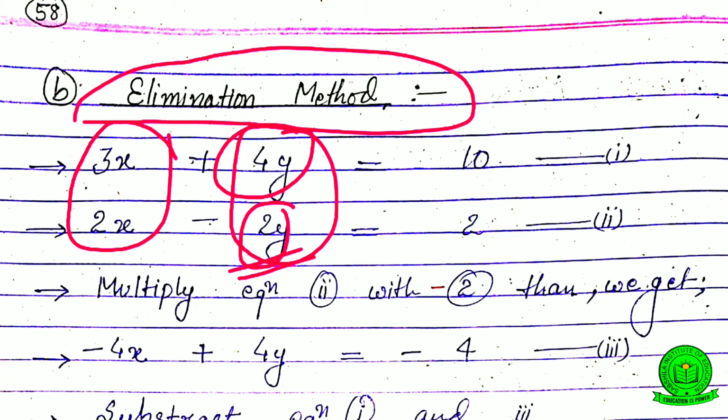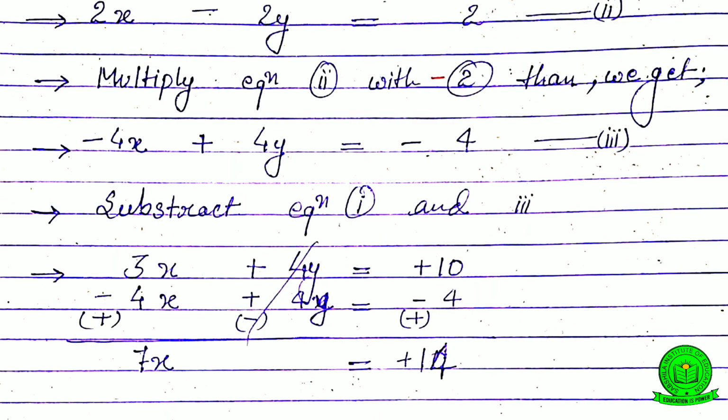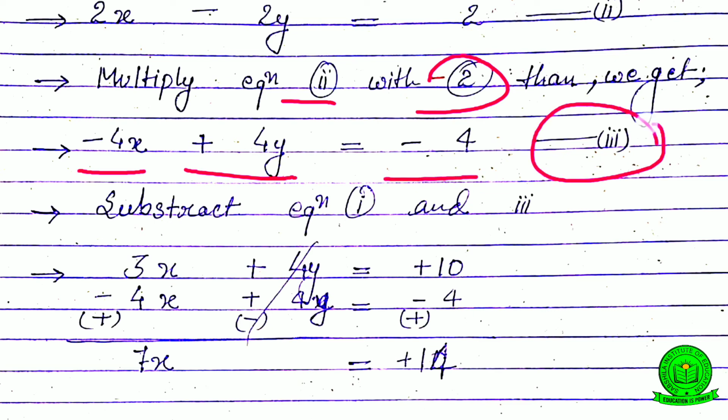So we have to multiply equation number 2 by minus 2, so it will change into plus 4. After multiplying equation number 2 by minus 2, you will get minus 4x plus 4y is equal to minus 4.